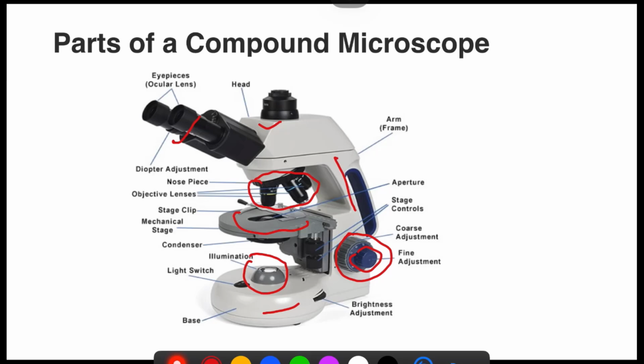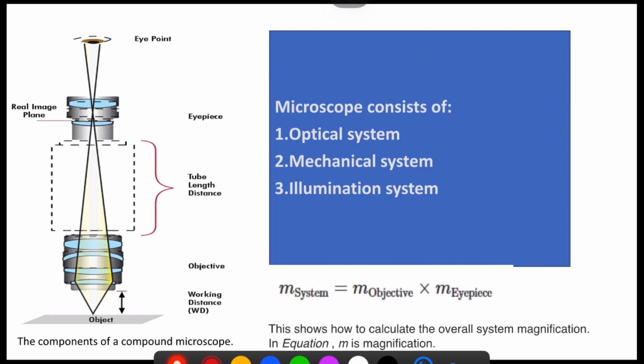But what is inside this microscope? That is the anatomy of the microscope. Basically, the anatomy of a microscope consists of one, the optical system, second, the mechanical system, and third, the illumination system. It consists of the eye point where the eyepiece is, there is a tube connecting the eyepiece to the objective lens, and here is the object.